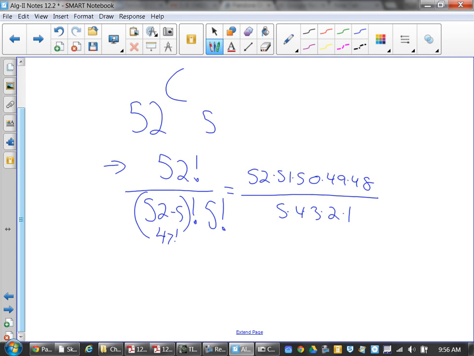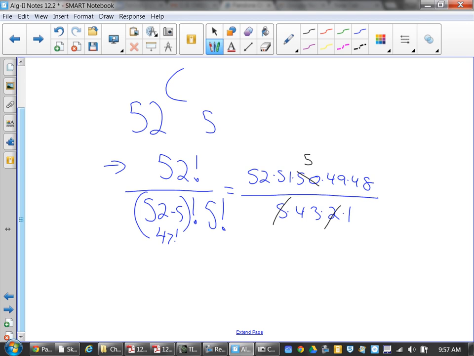Now there's a couple of things you can do. In this case here, 5 times 2 is how much? 10. So if I take the 5 and the 2, I can simplify the 50 to become what? 5. Then the 48. Okay, everybody see that? All I'm doing is just a quick little simplifying.